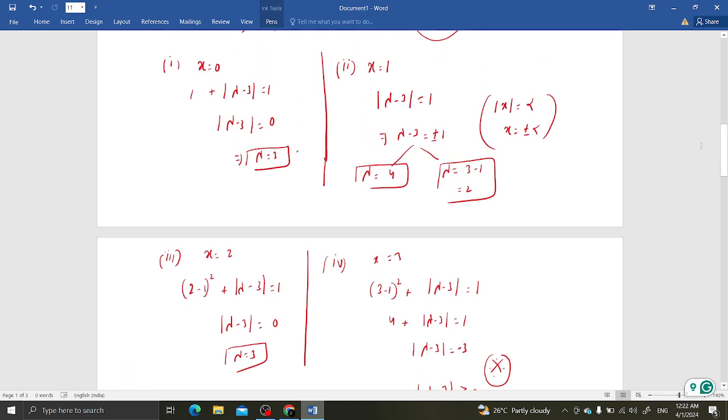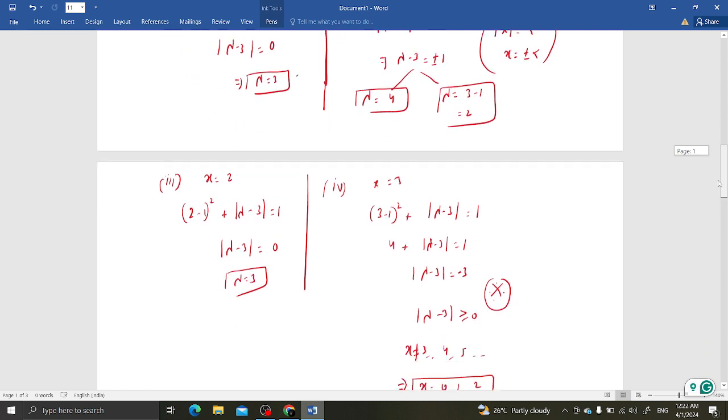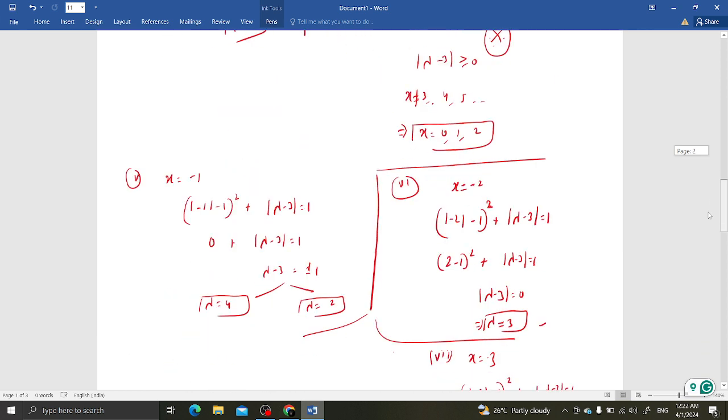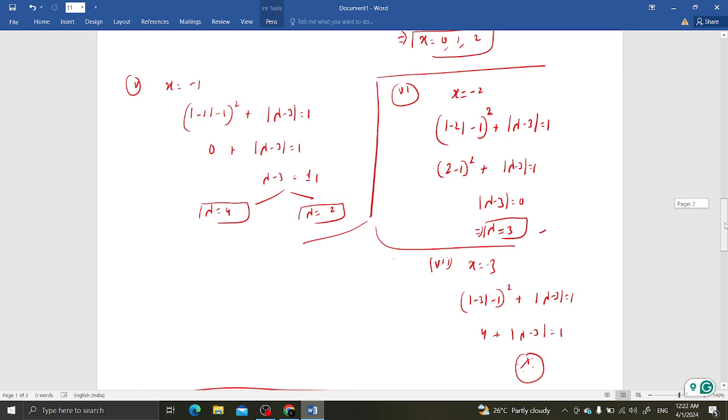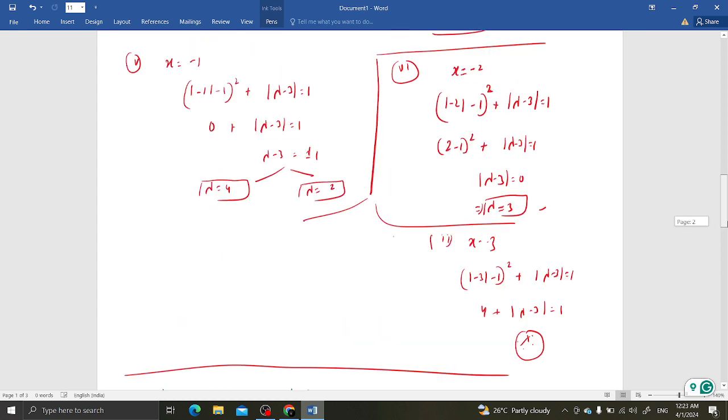If I put x equal to 2, then again lambda value is 3, same value we got. Third case is if x is 2, then lambda value is 3, same case. The fourth one is x value is minus 1, then lambda value is, I think again 4 and 2, you got or not?